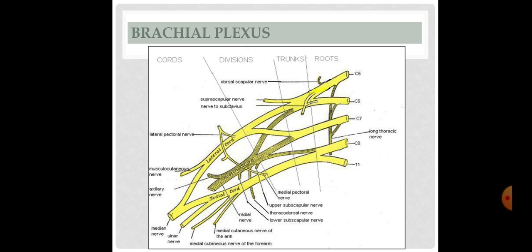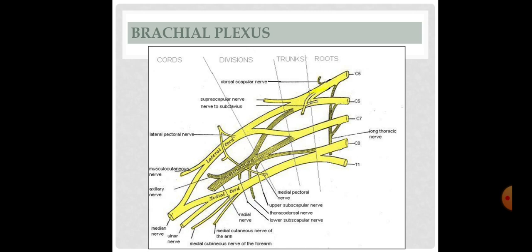The root value of the musculocutaneous nerve is also C5, 6 and 7. And the third nerve from the lateral cord is the lateral root of the median nerve. The medial root of the median nerve will arise from the medial cord.